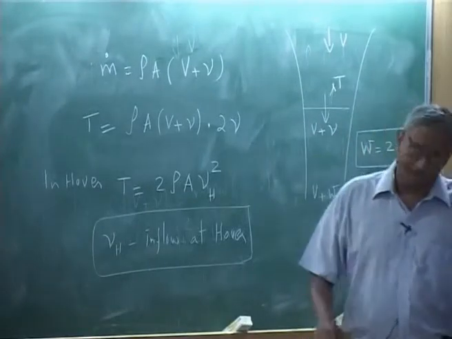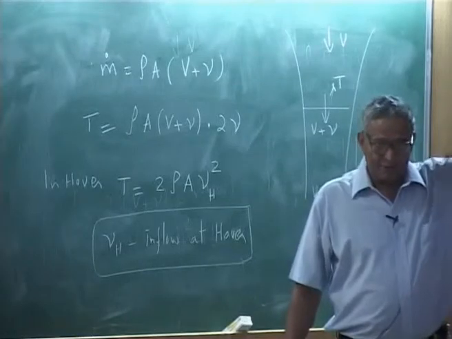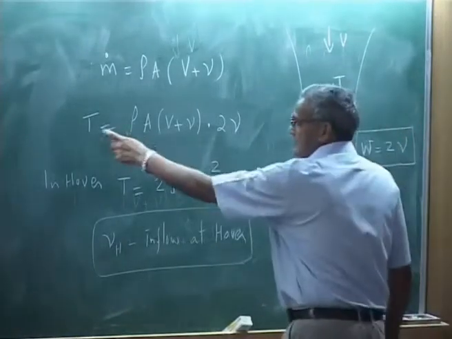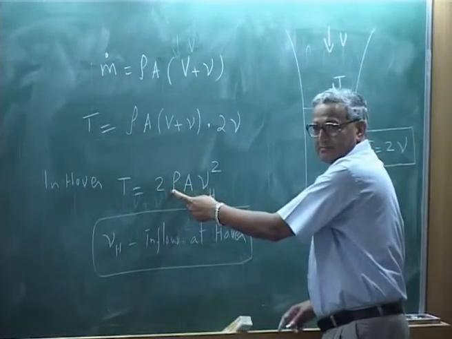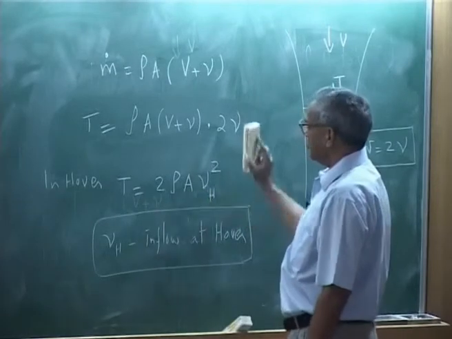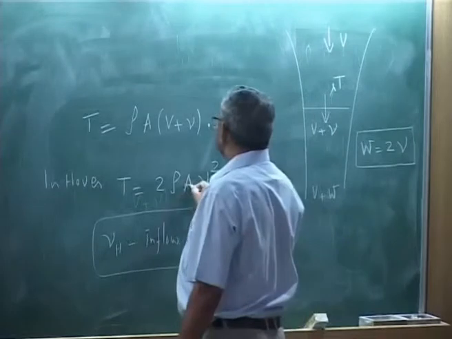Please understand, whether I am hovering or I am descending or I am climbing, my rotor supports the same weight. Therefore, this T is equal to this T. So, if I use that expression, rho a will go off, 2 will go off, you will be left with what? 2 rho a.